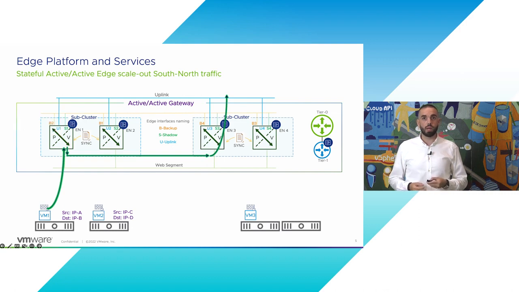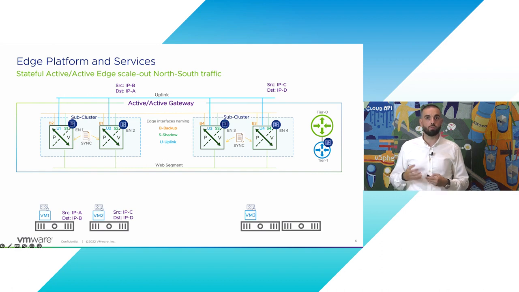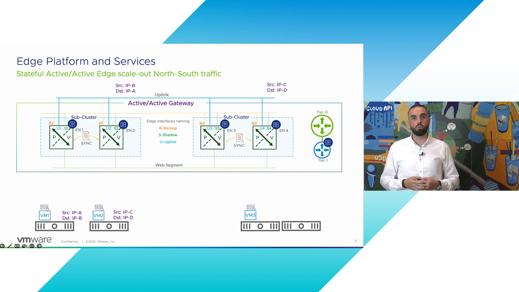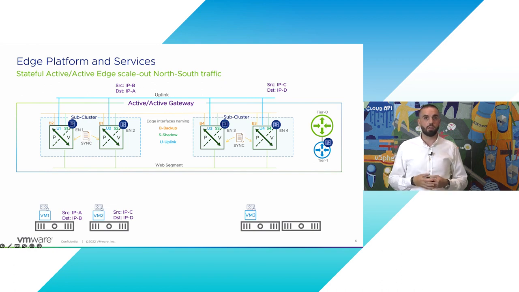Now let's take a look at how the traffic will be forwarded in the reverse path, when our source IP address B needs to forward traffic to destination IP address A, or to our virtual machines which are living in our vSphere cluster.